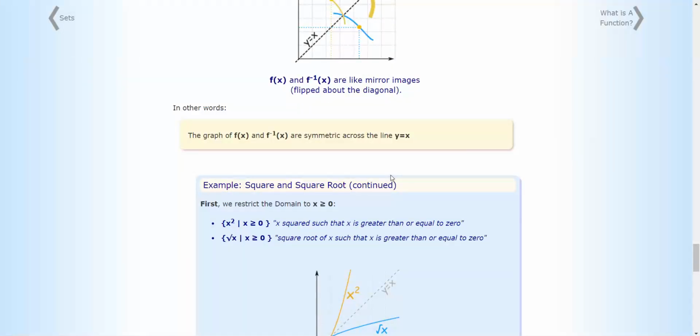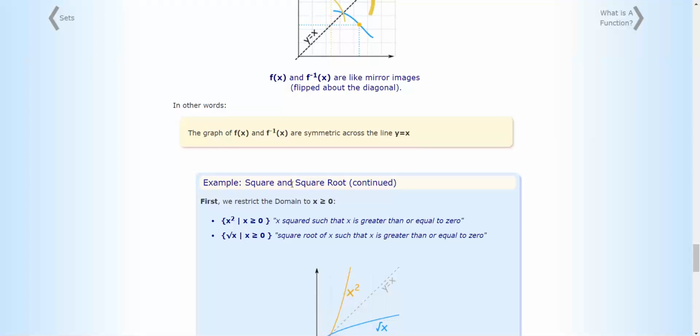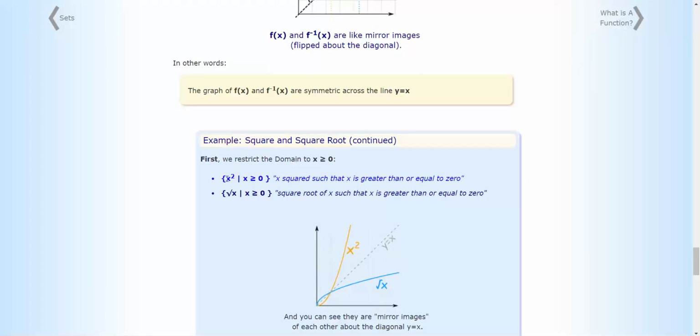Example, square and square root. Restrict the domain to only positive numbers: x squared such that x is greater than or equal to 0, or the square root of x such that x is greater than or equal to 0.